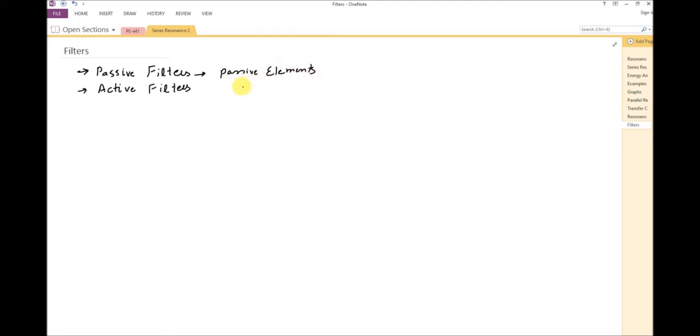More specifically, they do not generate any power. They can store or release energy, but they are not generating any power.